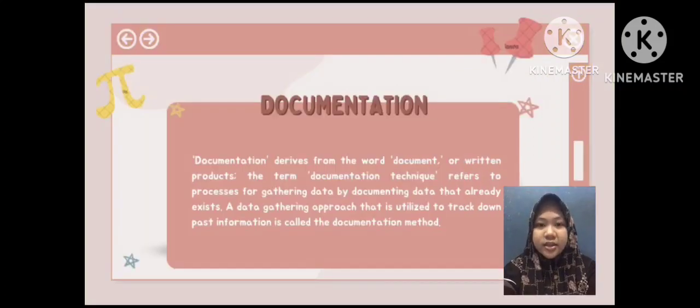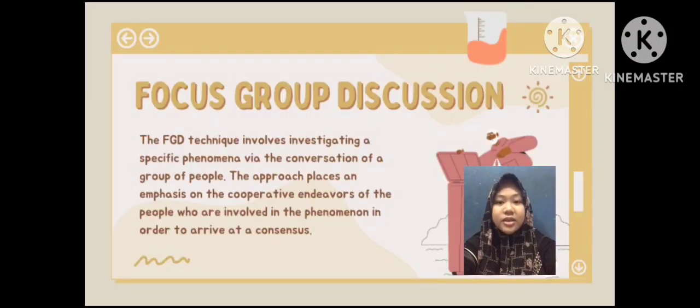Next, documentation. Documentation derives from the word document, or written products. The term documentation technique refers to processes for gathering data by documenting data that already exists. It is a data gathering approach utilized to track down vast information. Next, focus group discussion.